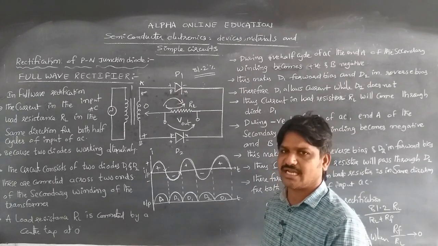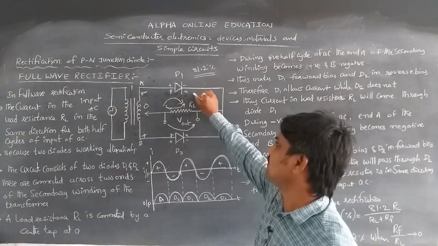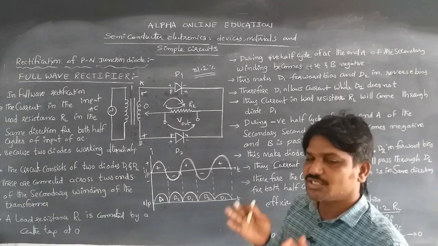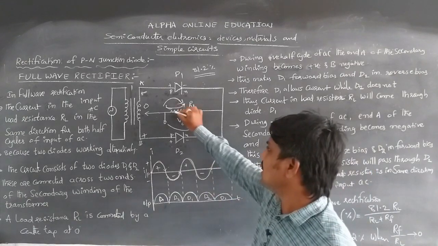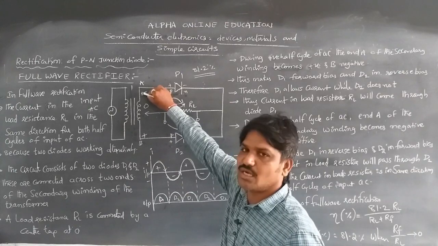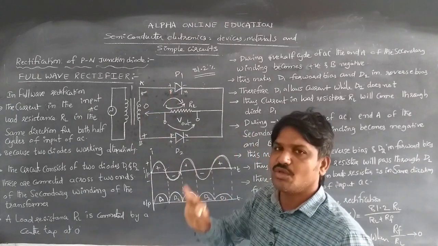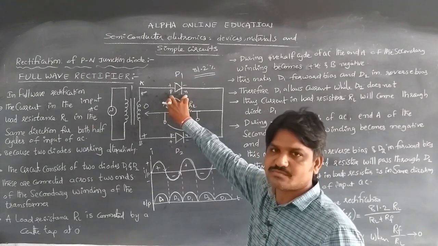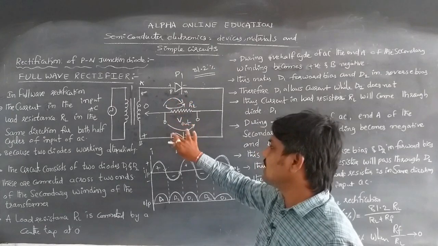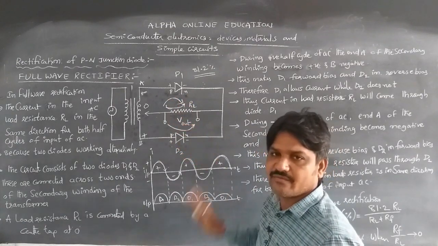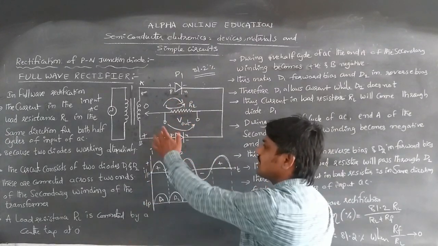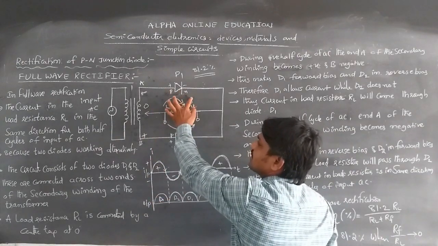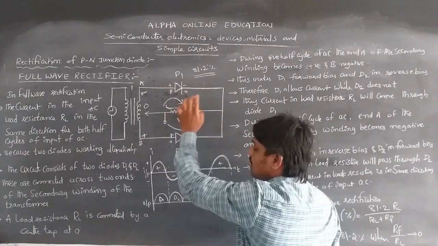For the positive half cycle, the A end becomes positive and B becomes negative, so the D1 diode becomes forward biased, and the D2 diode becomes negative, meaning reverse biased, so the current flows through the D1 diode. Due to the D1 conduction, we can get the output.